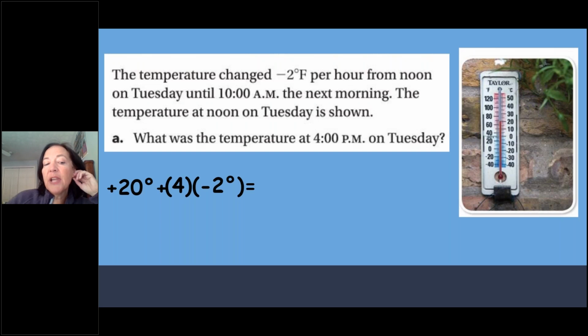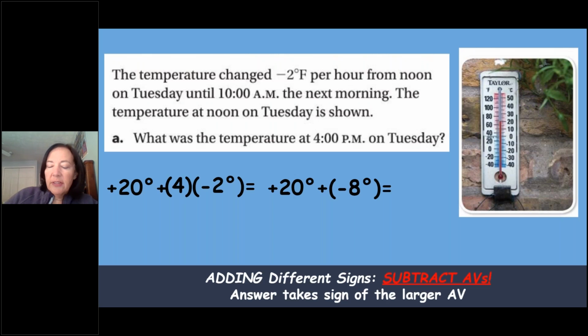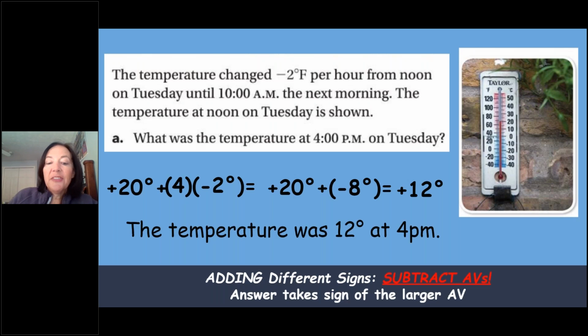It sounds like Brianna might have been using repeated addition, like -2 plus -2 plus -2 plus -2. That also works. But if you use multiplication, it's like 20 degrees plus, over 4 hours, it went down 8 degrees or it went -8 degrees. And the answer was 12 degrees. Nice job. The temperature was 12 degrees at 4 p.m.